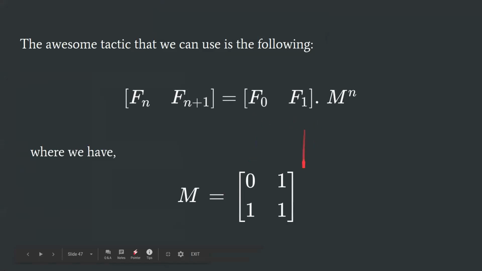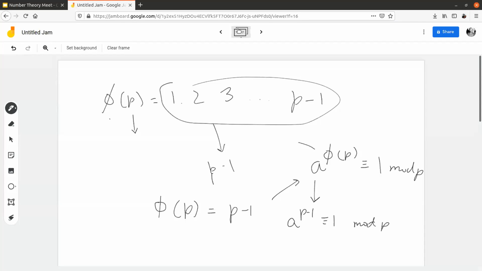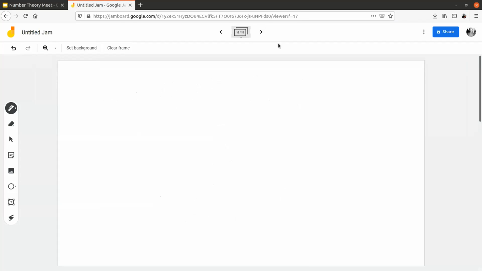So I'll start with those base cases, and I will have a matrix that will keep extending my Fibonacci numbers. So I have a matrix 0 1 1 1. I'll multiply this once and I'll get the Fibonacci numbers f1, f2. So let's see how it actually works. I'll just show the next case, I guess.